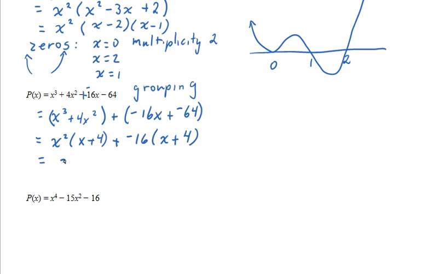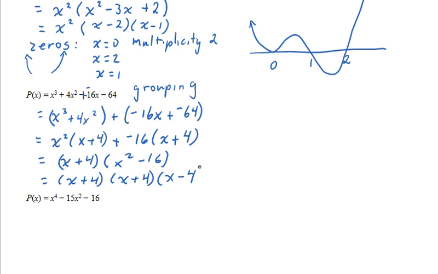So I factor out the x plus 4. That leaves me with x squared minus 16, which can be factored as x plus 4 times x plus 4 times x minus 4.